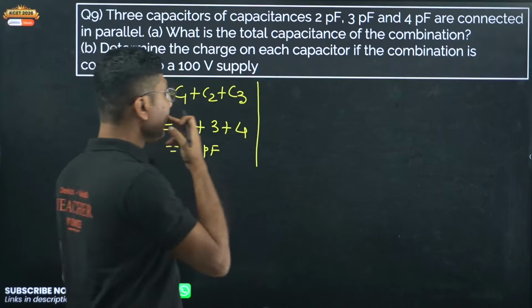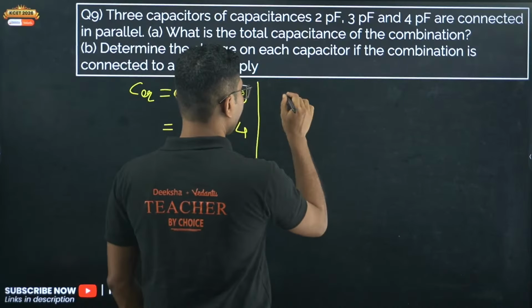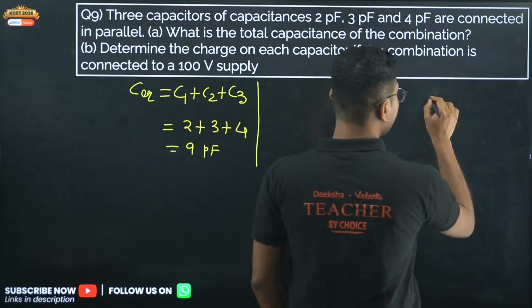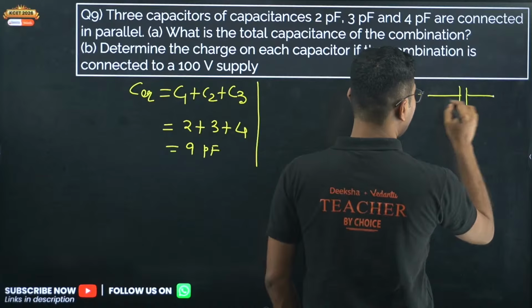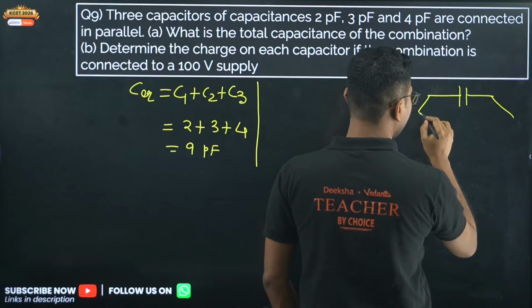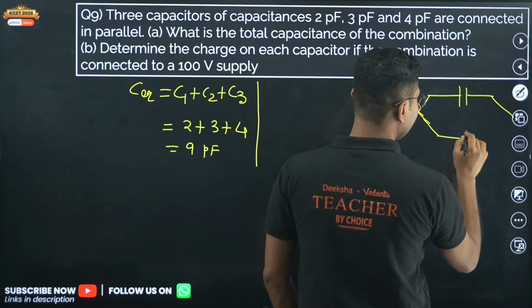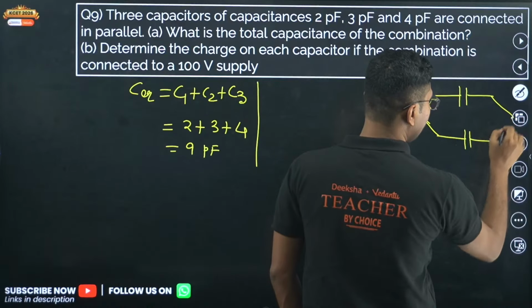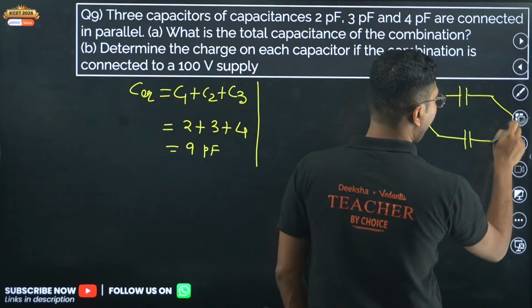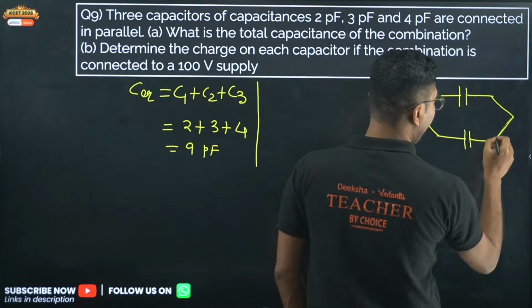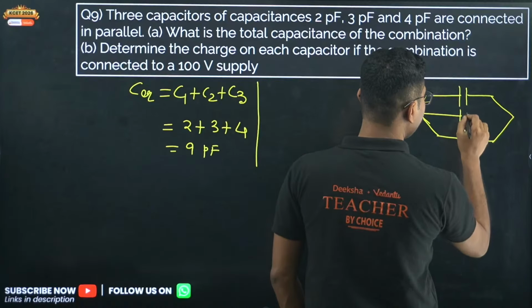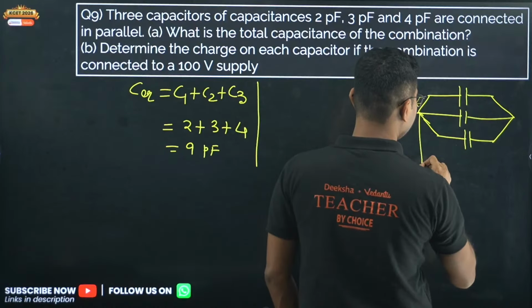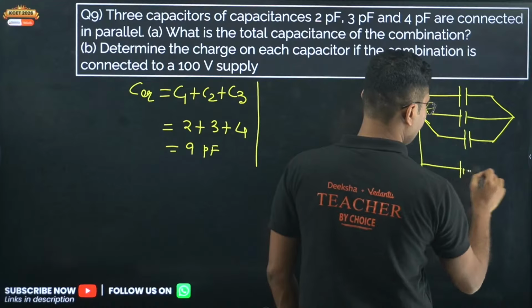That will be given by, first of all, remember that in parallel combination of capacitors or resistances, no matter what, one fundamental thing remains unchanged: in parallel combination, the voltage is the same for all the capacitances and resistances.